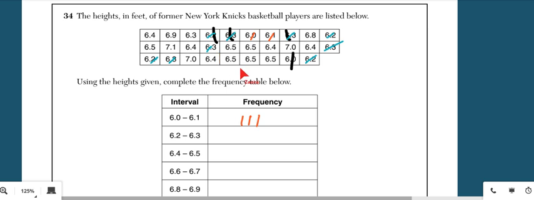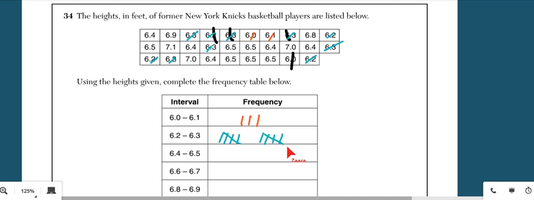So how many are they? 1, 2, 3, 4, 5, 6, 7, 8, 9. Are they 9? Can you just check them again? They are 10. 1, 2, 3, 4, 5, 6, 7, 8, 9, 10. Yeah, there's 10. So let's make 10.